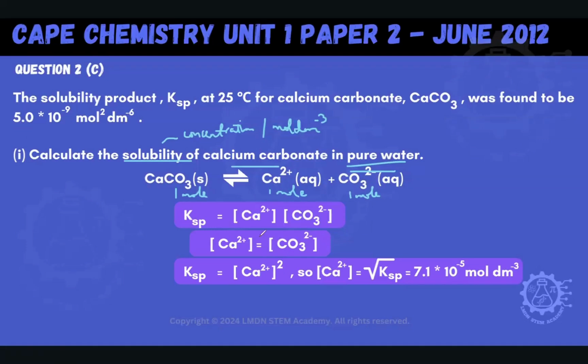So we can simplify this expression by saying, because it's a 1-to-1-to-1, my calcium ion concentration will be exactly the same as my carbonate concentration. Those two things are equal. So when I come back up to my KSP calculation, I can legitimately plug in, wherever I see calcium ions, the carbonate as well, since they're the same.